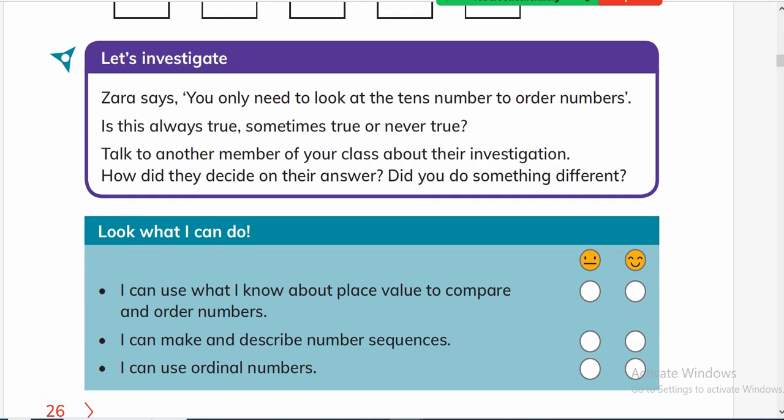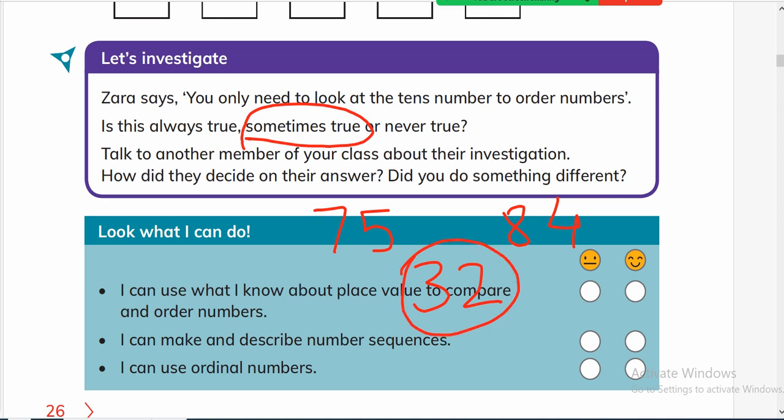Zara says you only need to look at the tens numbers to order numbers. Is this always true, sometimes true, or never true? Sometimes true. Because see, when we order numbers 75, 84, 32, then yes, if we just look at the tens side, we can say that 32 is less than 75 and 84 is the greatest number.